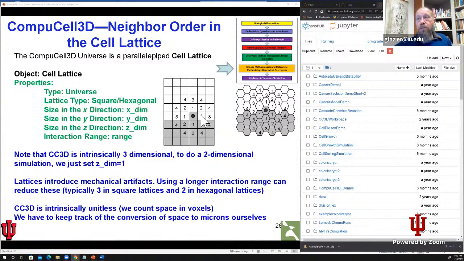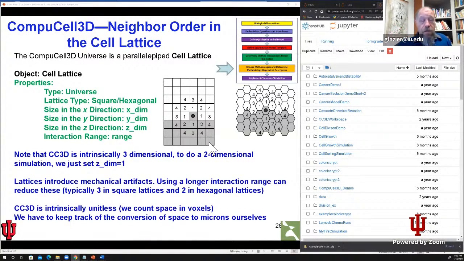Its second neighbors are northeast, southeast, northwest, and southwest. And so you have 4 nearest neighbors in 2 dimensions, 8 second neighbors in 2 dimensions, and you can go to third neighbors and fourth neighbors.